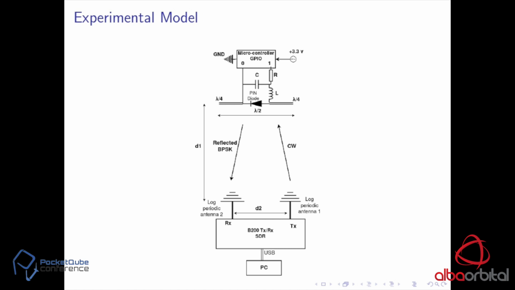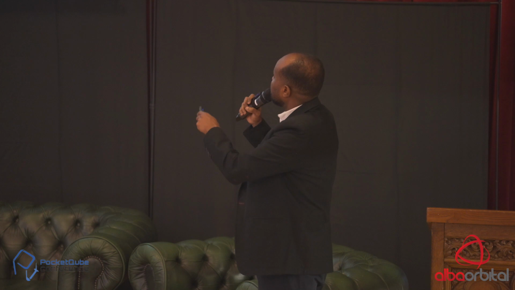So here we had an experimental model. We did this experiment in our laboratory to validate this method. We use software-defined radio as transmitter and receiver, and here is the reflector part.